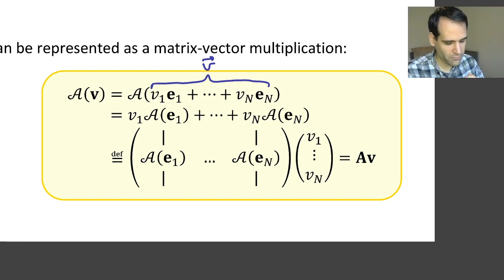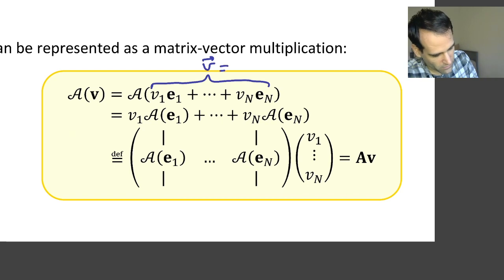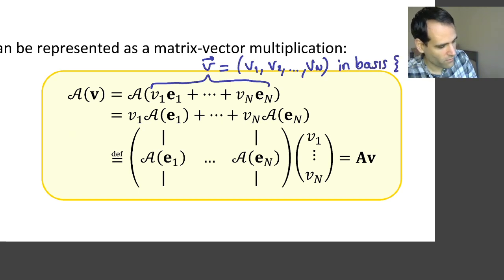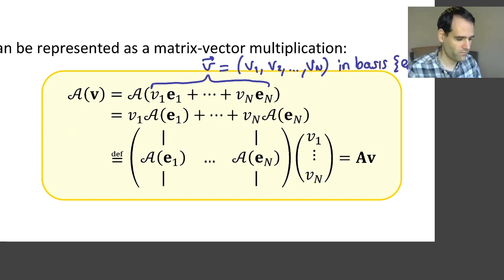So if we expand vector V on a certain basis, it's equal to V1 as a scalar times the first basis vector E1 plus dot dot dot until Vn times the basis vector En. This is the definition of a vector. So this would be the vector whose coordinates are V1, V2, etc. up to Vn in the basis of the Ens.